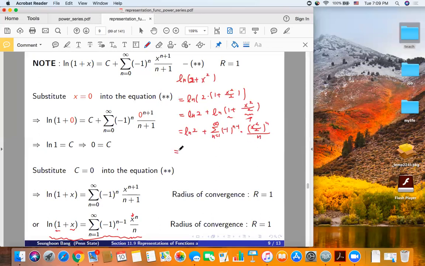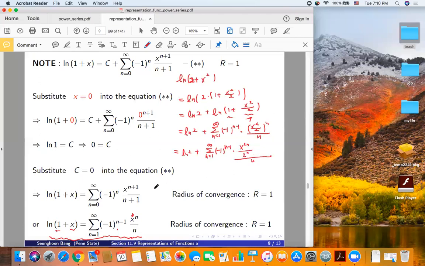And simplify. ln 2 plus the summation, n equal 1 to infinity, of minus 1 to the power n minus 1 times, you can distribute the power n to the numerator x squared and the denominator 2. We have x to the 2n over 2 to the power n over n.